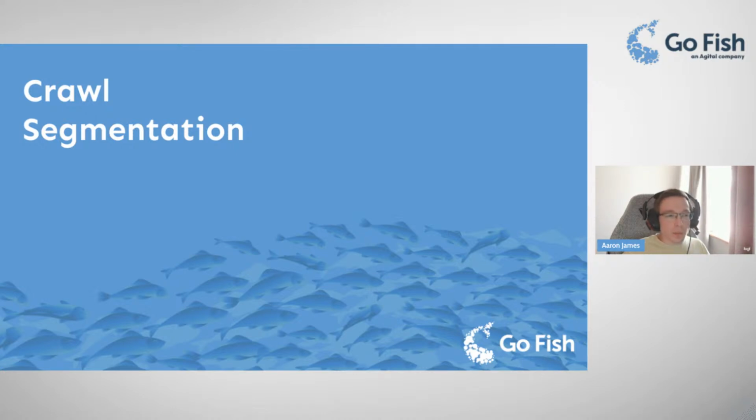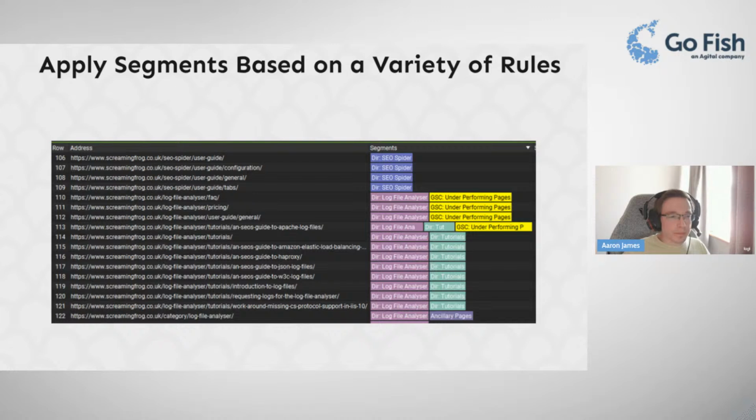So next up, we have crawl segmentation. Crawl segmentation essentially allows us to label URLs based on a various set of rules. Some of the basic labels we've got here are directory, SEO Spider, log file analyzer, tutorials, and ancillary pages. Now, these are pretty basic ones.